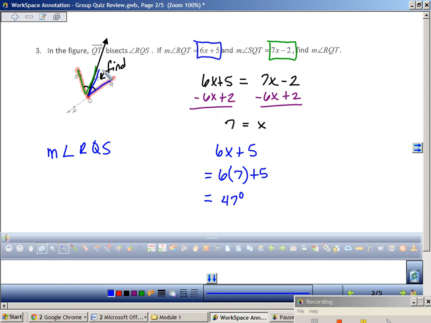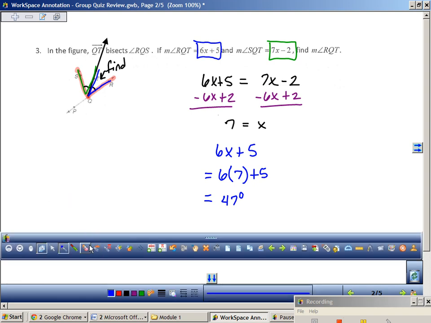If I know that this one's 47 and this one's 47, then how much is the whole angle? But I didn't tell you that. Please nobody put 94 on their test because the angles are going to be different, right?